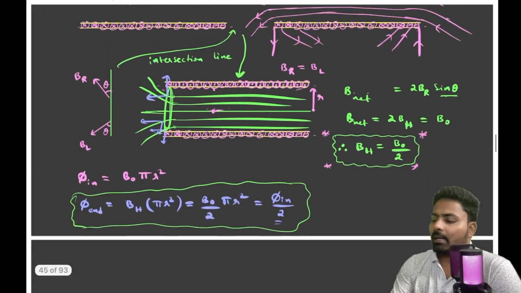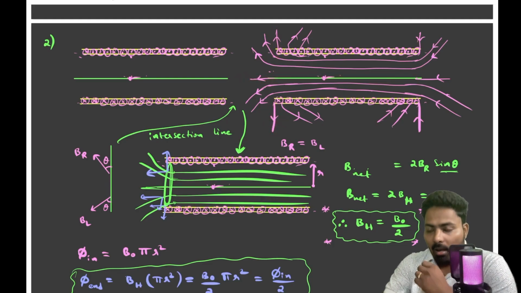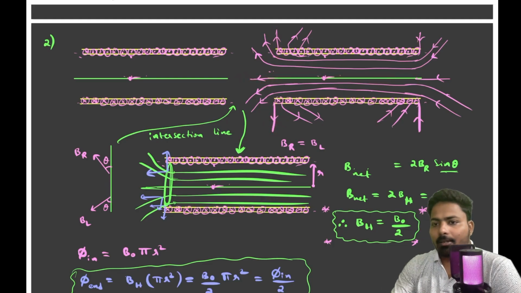That means they're asking us to prove that the magnetic field at this end is perpendicular to the axis. That means simply they're asking us to prove that it is vertical in direction.